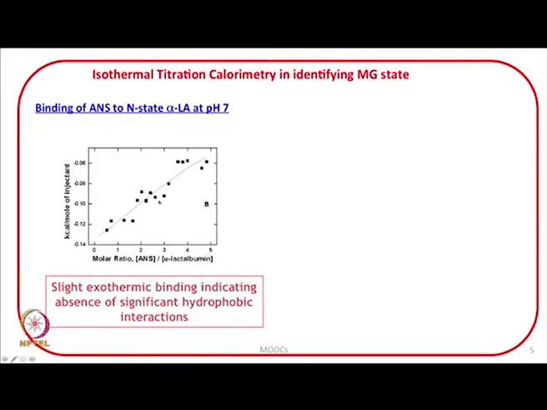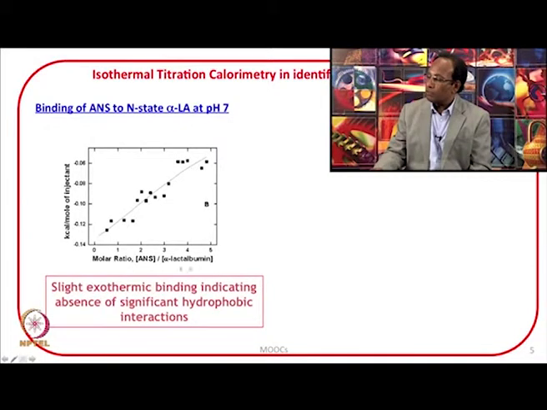This is the binding profile, kilocalorie per mole of injectant versus the molar ratio of ANS to alpha-lactalbumin. It suggests that the binding of ANS to the native state does take place, but it is very weak. It is slightly exothermic, and it indicates absence of significant hydrophobic interactions.